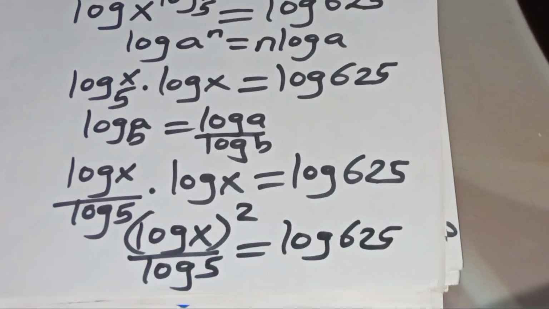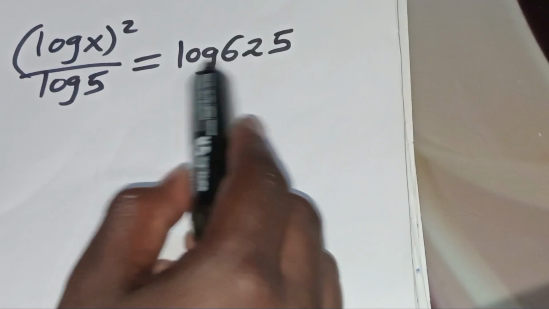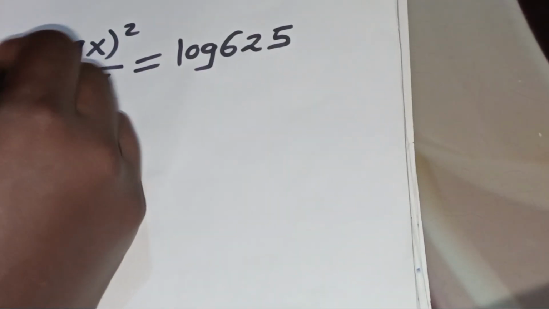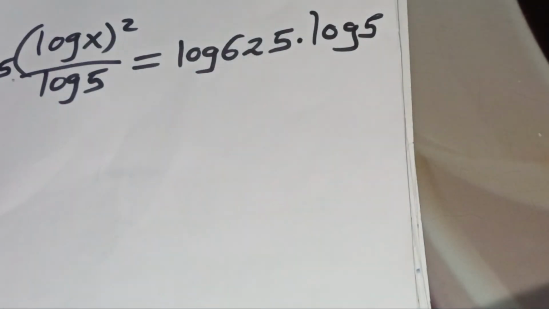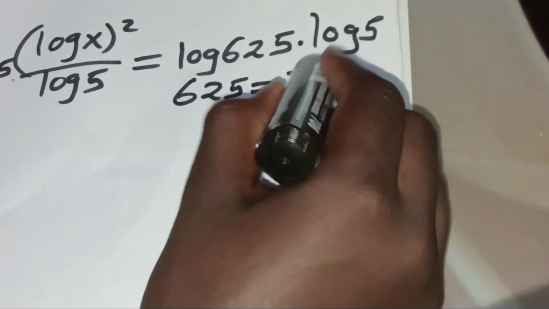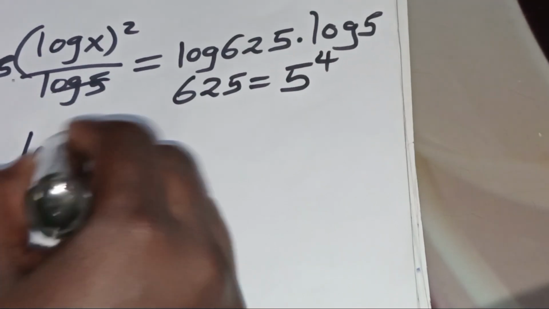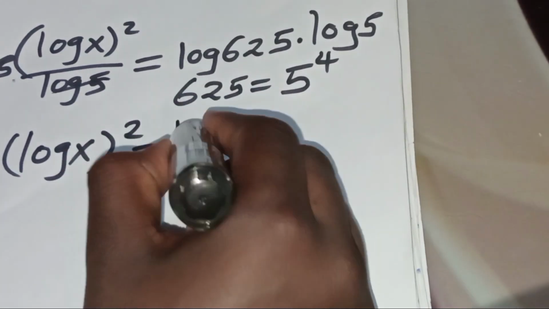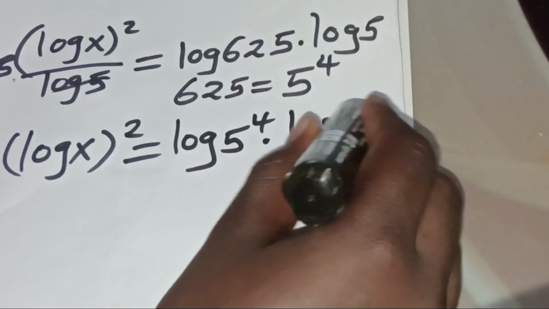Okay, so let's proceed. Log x squared divided by log 5 is equal to log 625. So we multiply both sides by log 5. Now 625 we can express as 5 to the power 4. So this is log x squared equal to log 5 to the power 4 multiplied by log 5.